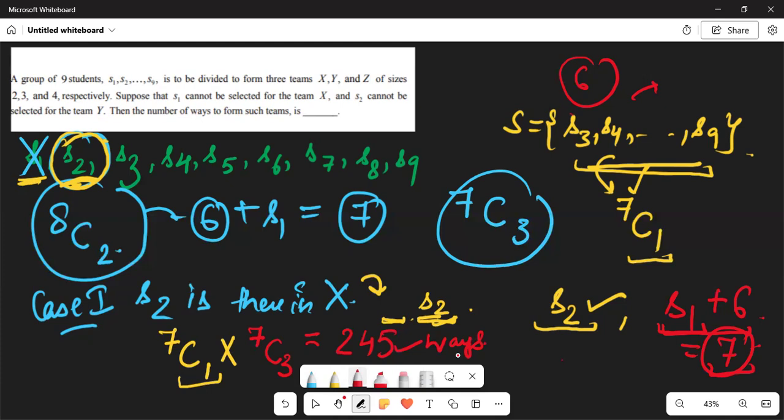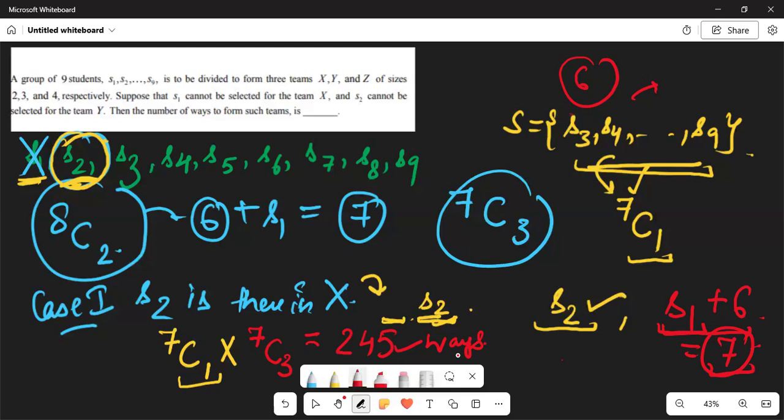But the conditions are that S1 should not be there in X and S2 should not be there in Y. So initially we started that since S1 should not be there in X, we have remaining 8 students, and out of those 8 we can choose 2 for X. But that was creating a problem when we were selecting students for Y, because we didn't know whether those 2 students had S2 or not. So whatever is the problem, consider cases.